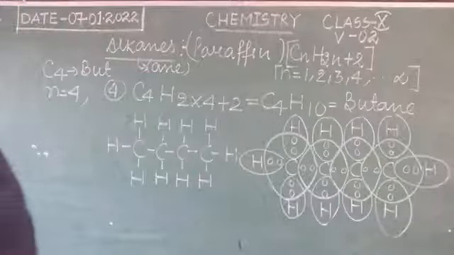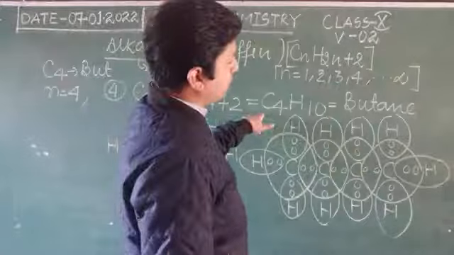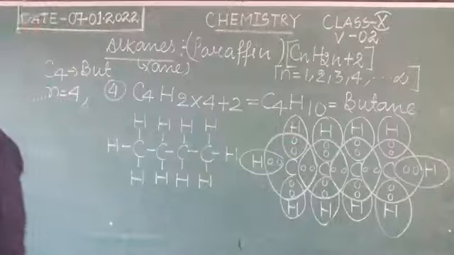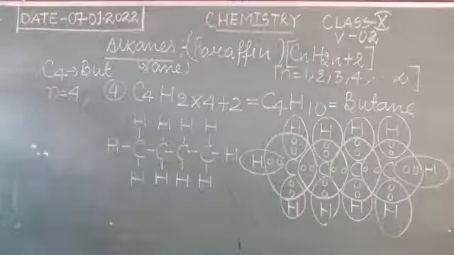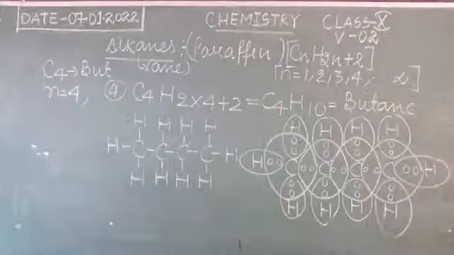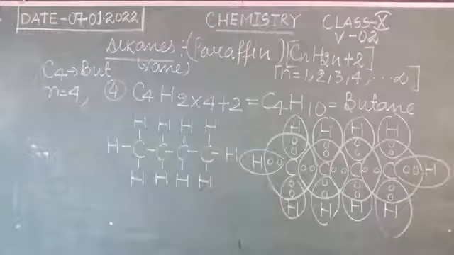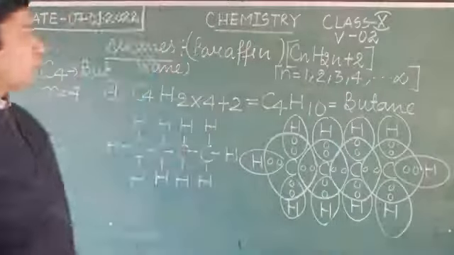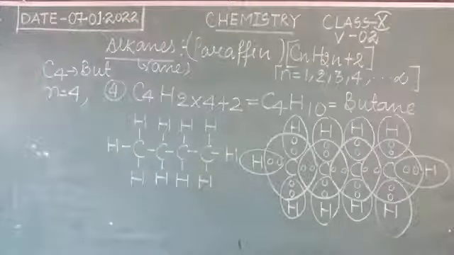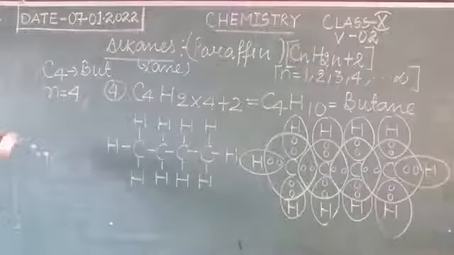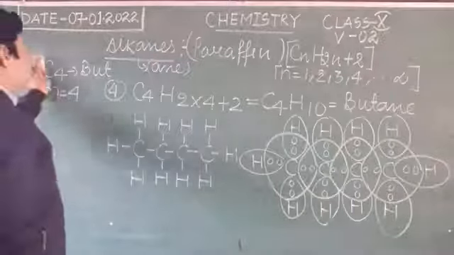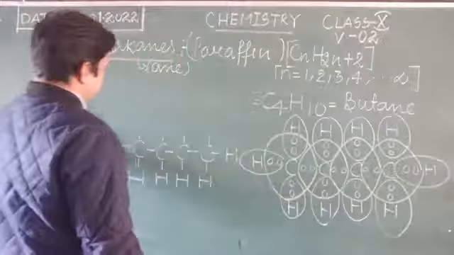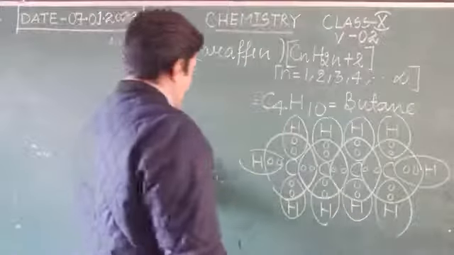So that is the molecular formula of butane, C4H10, the IUPAC name, chemical structure and the electron dot structure of butane. One more member we are going to see, the fifth member of the alkane. The first member is methane, the second member is ethane, the third member is propane, and the fourth member is butane. Thereafter we move towards the unsaturated hydrocarbons, that is alkenes and alkynes.